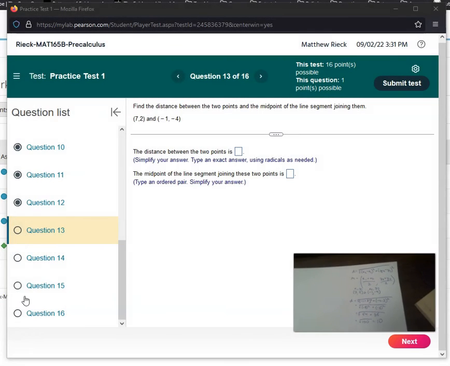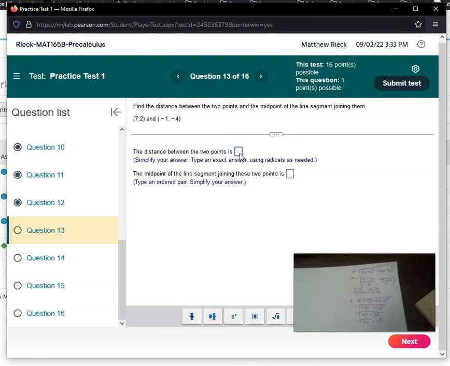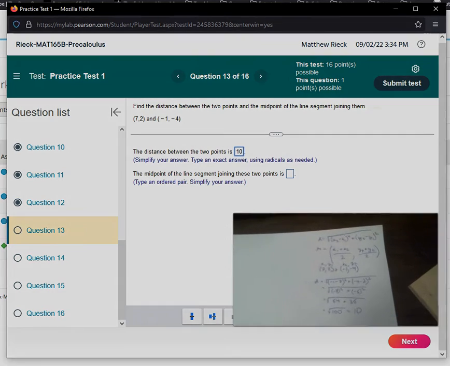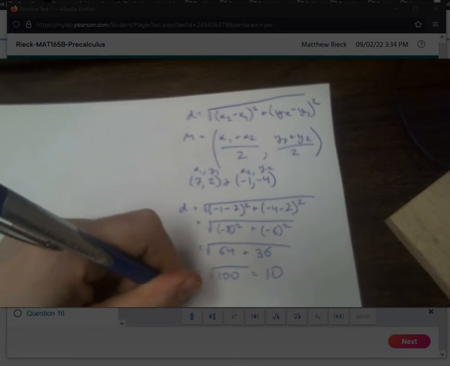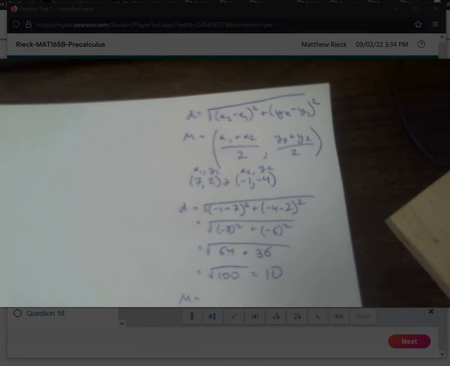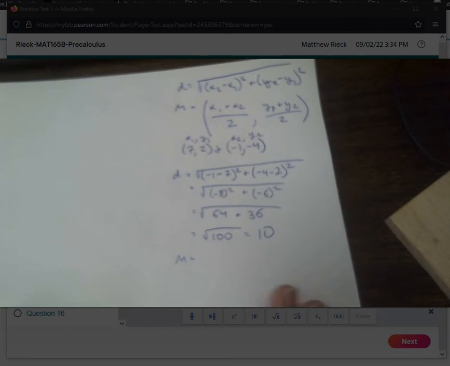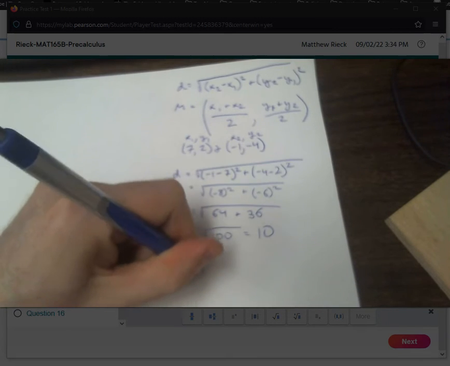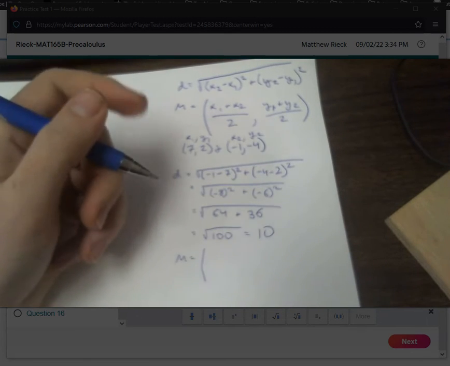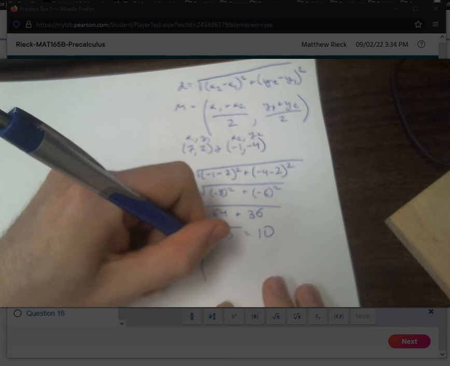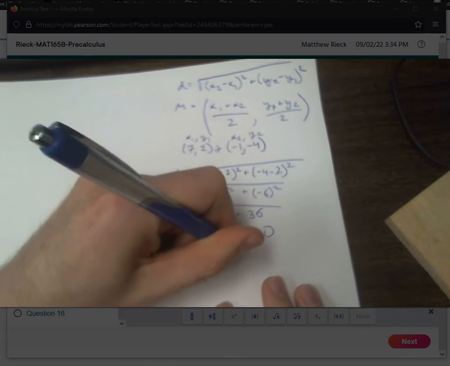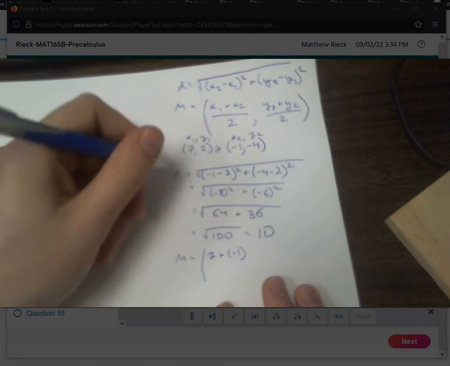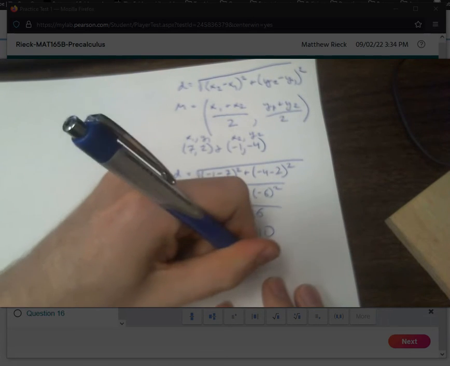So the distance, as the crow flies between the 2 points, is going to be 10. With your distance, you just get a single number. With the midpoint, you're going to have a point, so an x-coordinate and a y-coordinate. Your x-coordinate is going to be 7 plus -1, so x1 plus x2, divided by 2.